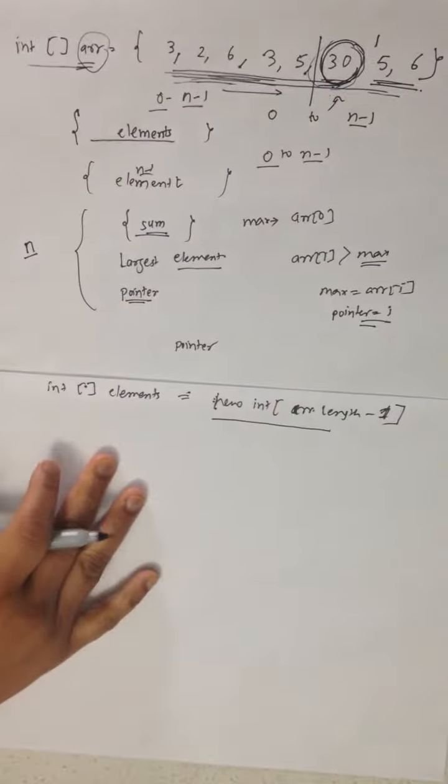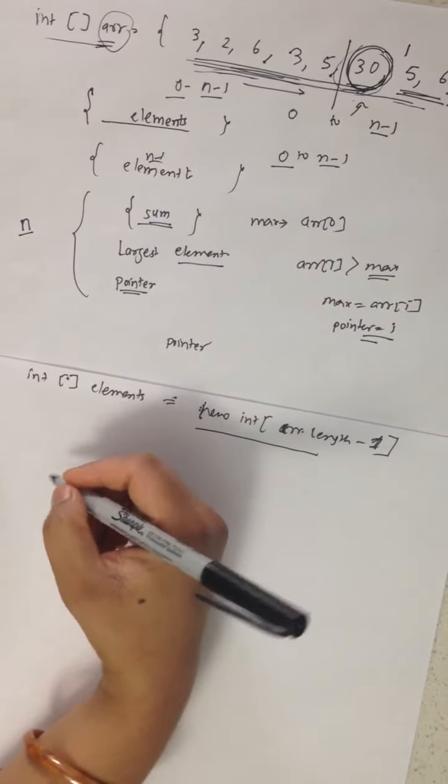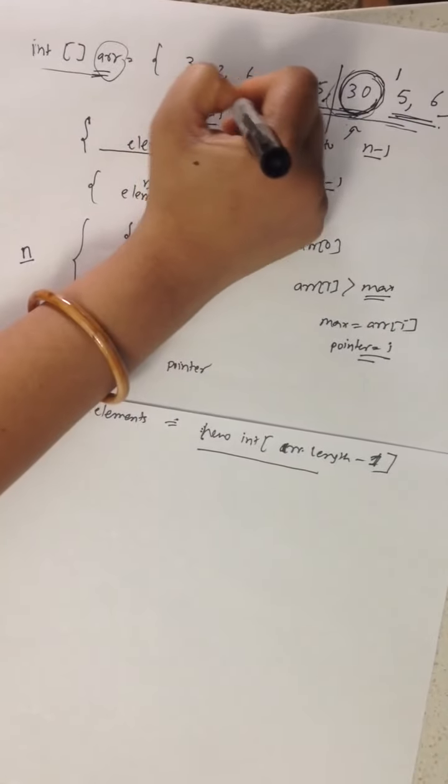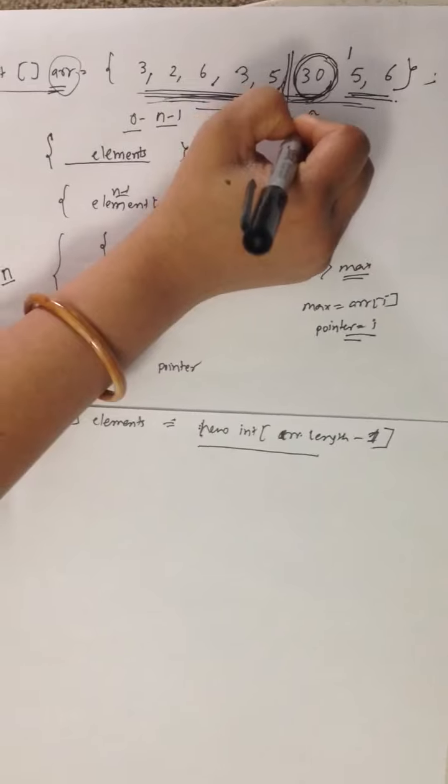And now we will copy all the elements from this array to this. In the first part we will copy all the elements till the pointer position.